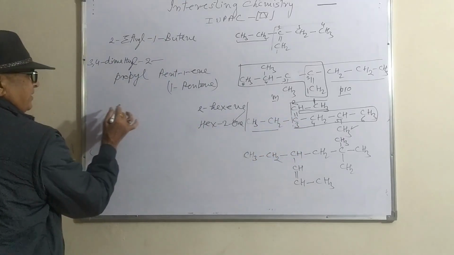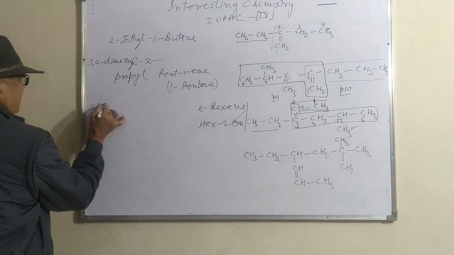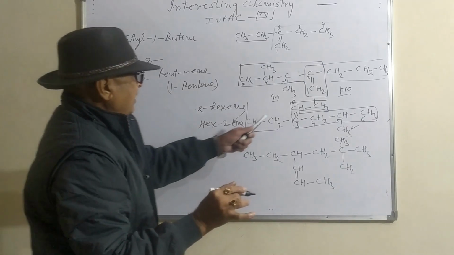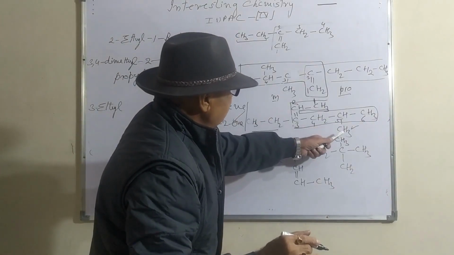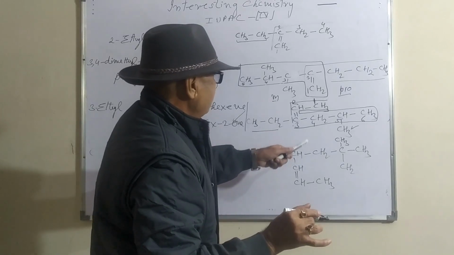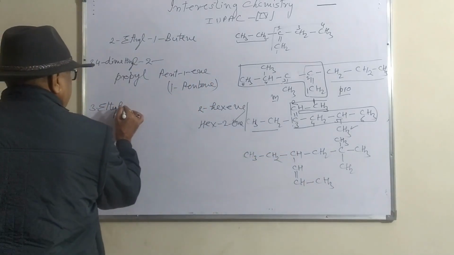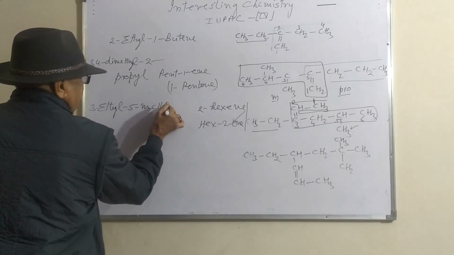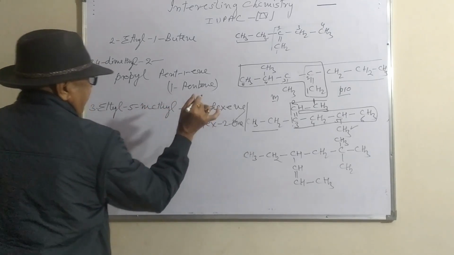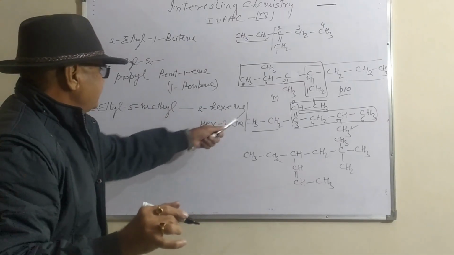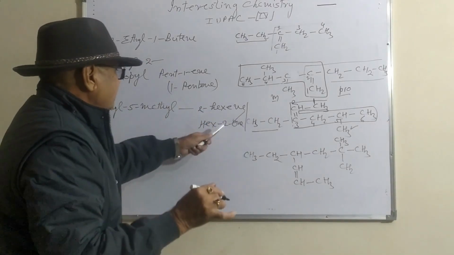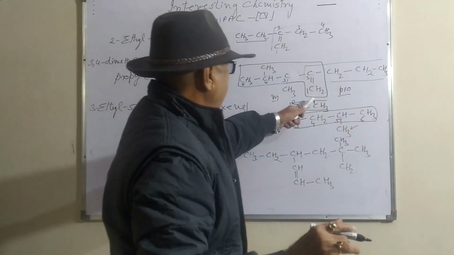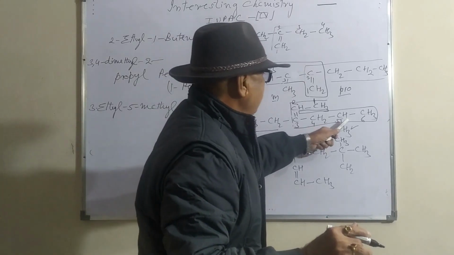Then 5 methyl. So the name of this compound is 3-ethyl-5-methyl hex-2-ene, or 2-hexene.